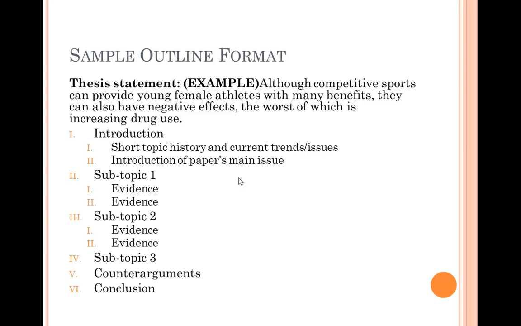Then you'll list your counter arguments. What are the things that your reader is going to say against your topic? What is the opposite point of view? And you want to research that, and then you're going to disprove it. Finally, you're going to conclude. And you're only writing one sentence here.